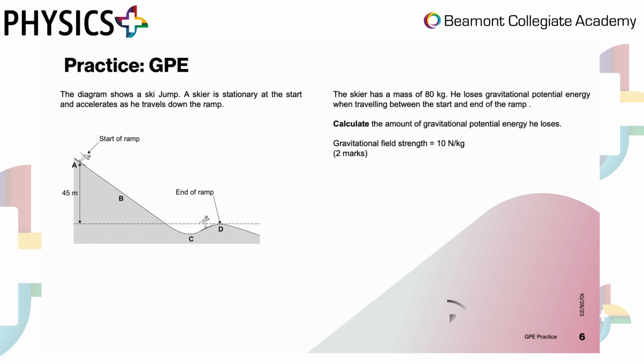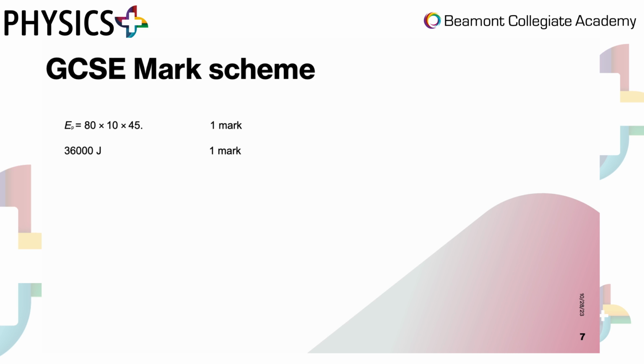Pause the video and have a go. Here's the GCSE mark scheme. As stated, only 2 marks on offer, 1 for correct substitution and then 1 for correct calculation and answer. How did you do?